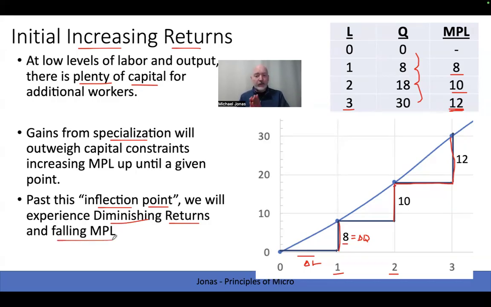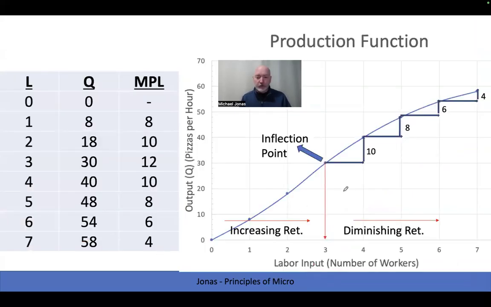Past that point, each additional worker adds less and less. Why? We've exhausted the gains from specialization and run into the problem of fixed capital. Now that extra worker, yes, is helpful, but not as helpful as the previous. So marginal product falls, and the slope of that production function starts to get flatter. So focusing in on those additional workers past worker number 3, we can locate that inflection point by calculating the marginal product.